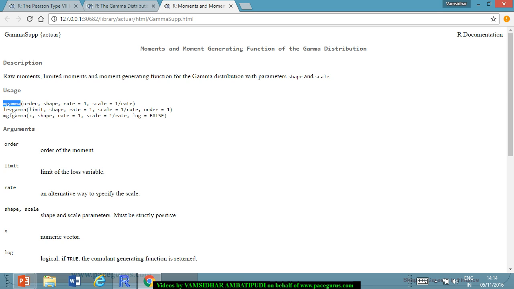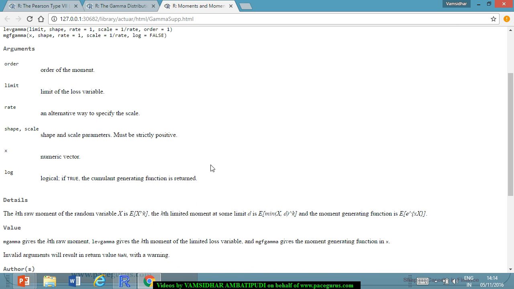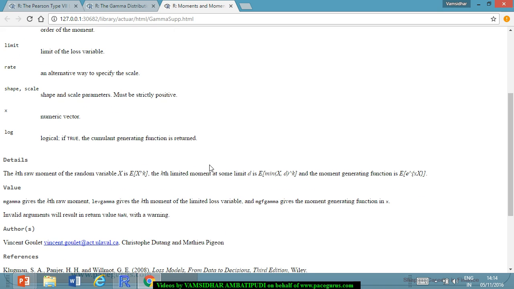And if I put LEV gamma, the limited expected value, I get the limit of the loss variable, which is the limited moment. And I can also get the moment generating function if I use MGF gamma. The kth raw moment is the expected value of x to the power of k.